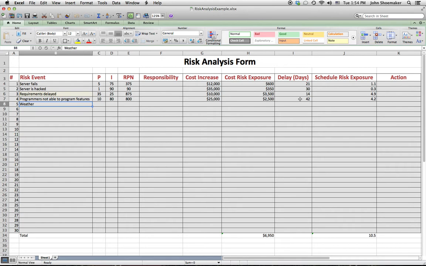That might be one action that we can use, but technically that's not really avoidance. Let's take an example. Let's suppose, for example, that we're constructing a building, and we have one of the risk events is say hurricanes.